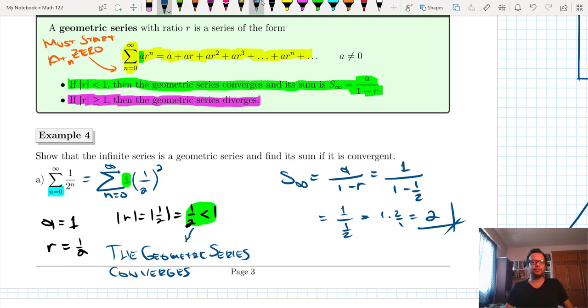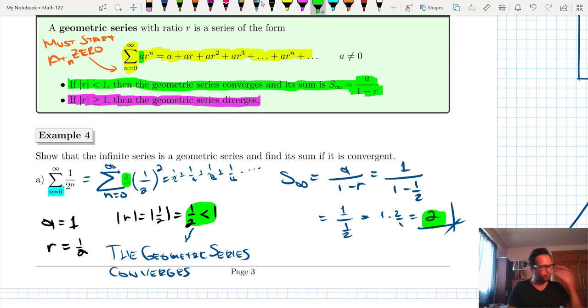That means that if you expand these terms of the series, 1/2 plus 1/4 plus 1/8 plus 1/16, etc., all the way to infinity, and then you add all these numbers, this sum will be 2.